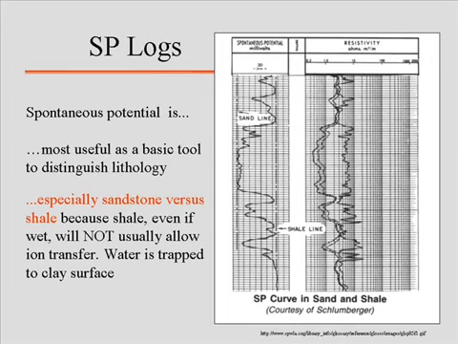It's very difficult for them to allow for ion exchange. Ions can't pass through shales because the water is bounded together by the clay particles. Not true if you've got open pores with a lot of permeability between them. That's why this is really a really good, useful tool for distinguishing between sandstones and shales.